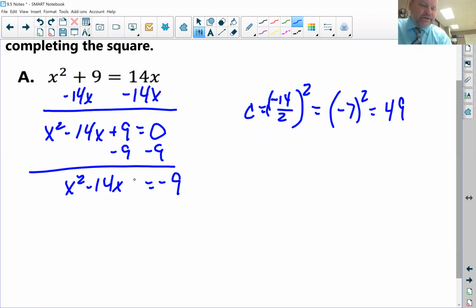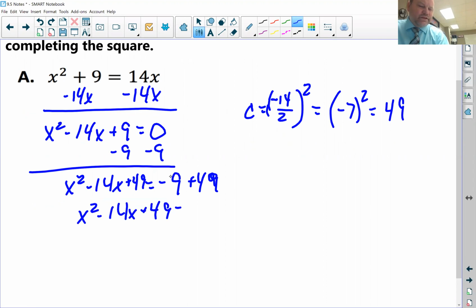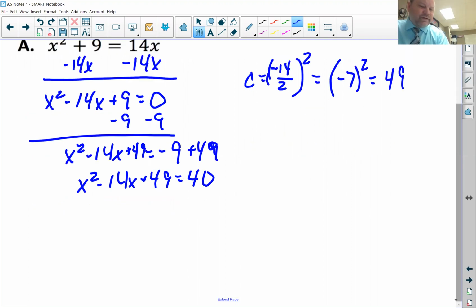So we're going to add 49 to both sides. Negative 9 plus 49 is 40. Factor the left-hand side.